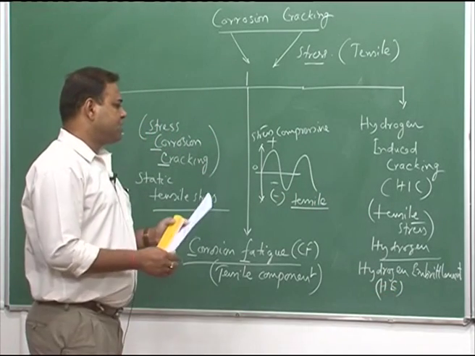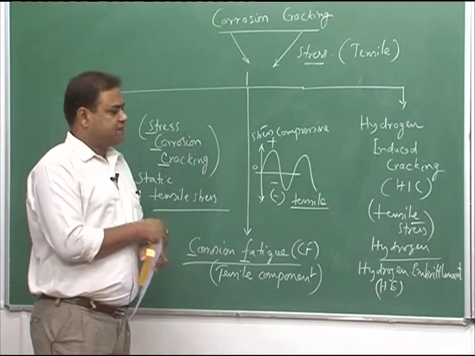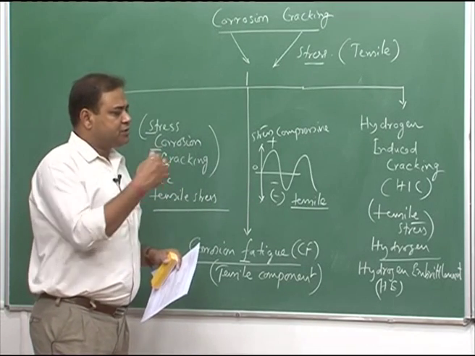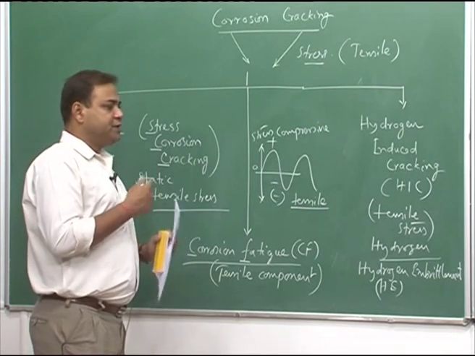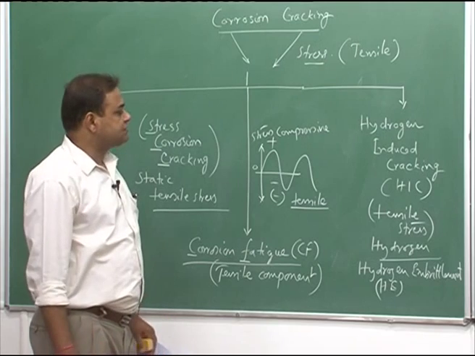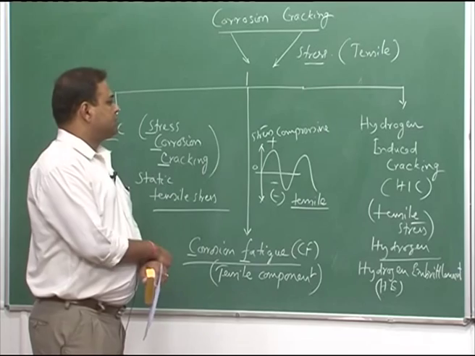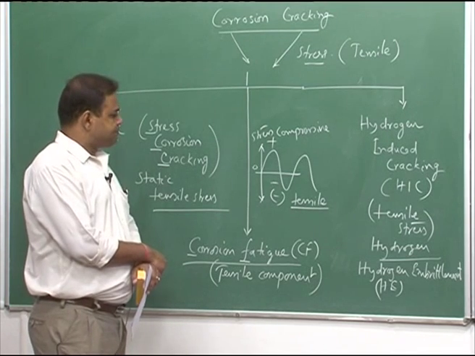Here the atomic hydrogen can go into the metal and introduce an embrittlement effect into the metal, and the tensile stress is always on in the system, and that tensile stress can lead to cracking of the metal or alloy object.